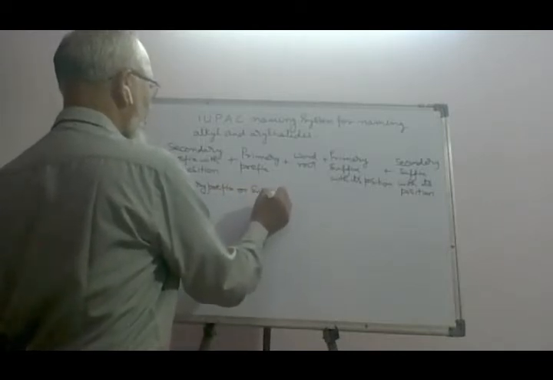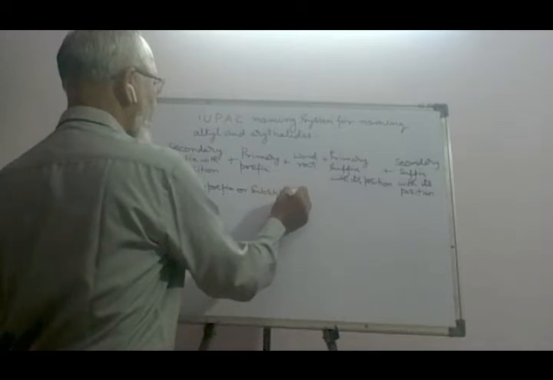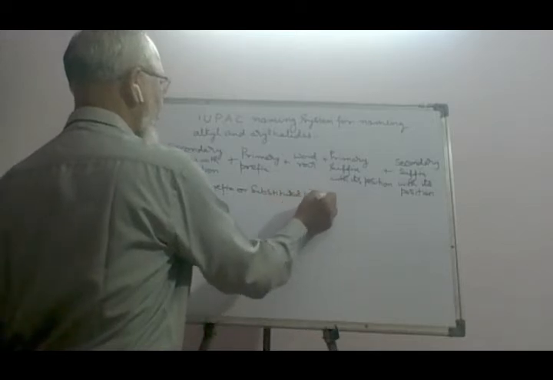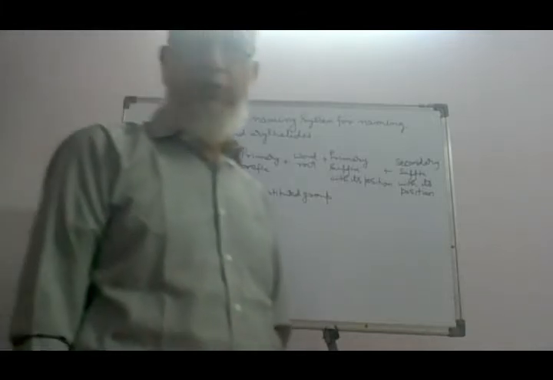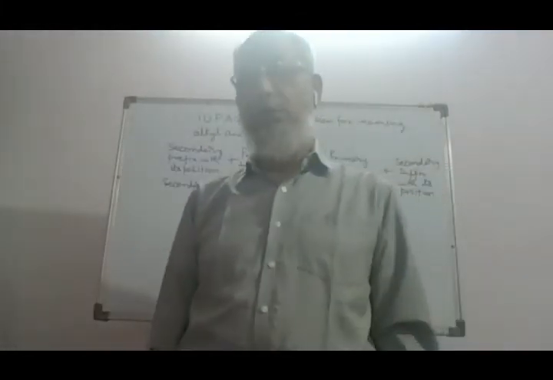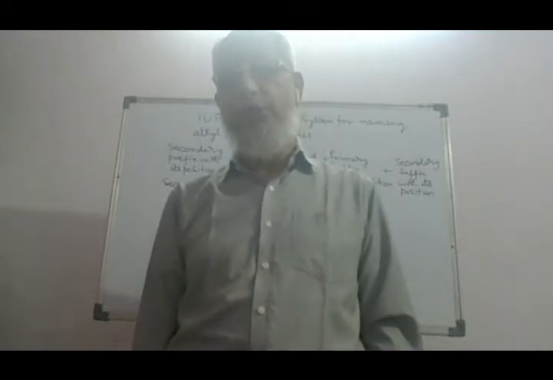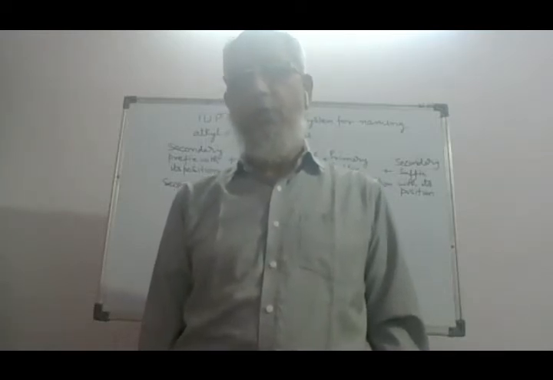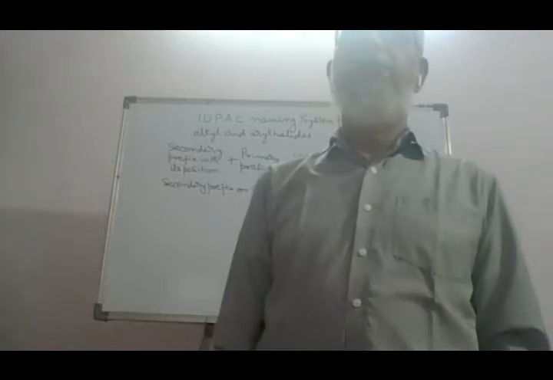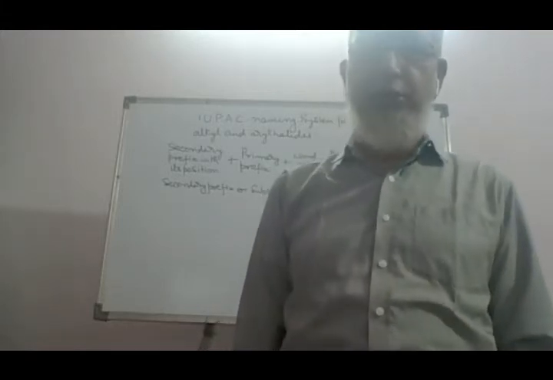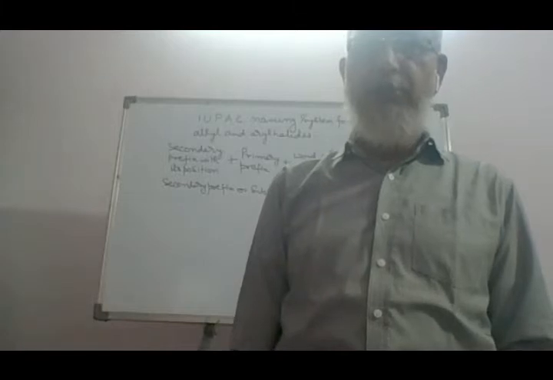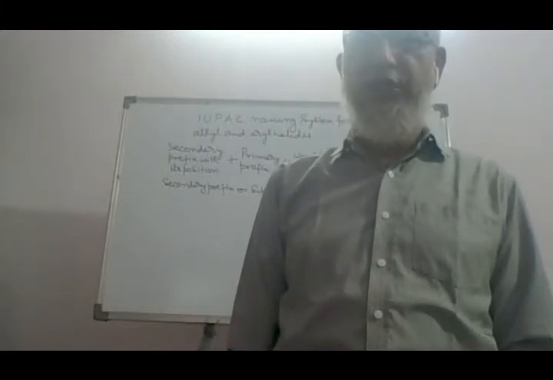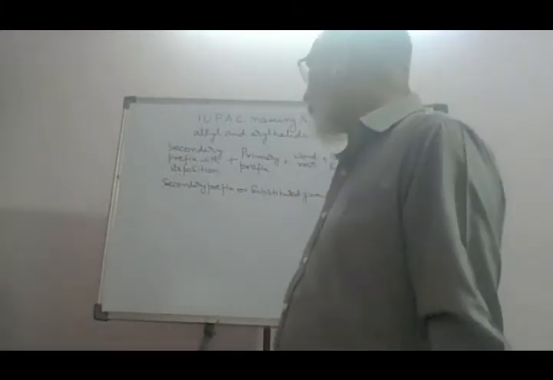That is a group which has been substituted in place of hydrogen for completing the tetravalency of the carbon atom, but is not a functional group like OH, CHO, COH, etc. These are the functional groups. In place of this, if we substitute a group like Cl, Br, I, CH3, that is chloro, bromo, iodo, methyl, then these are called the substituent group.